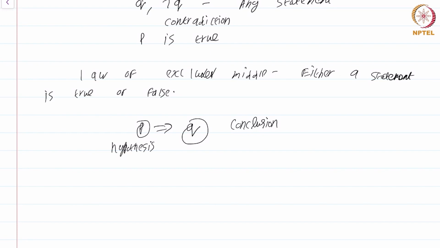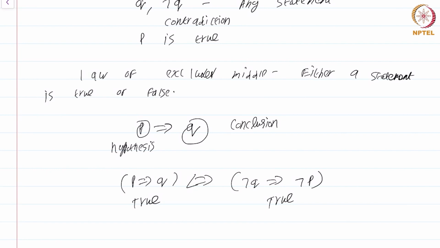Now note that, or rather check that, P implies Q is equivalent to negation Q implies negation P. What do I mean by equivalent to? I mean that both truth tables are exactly the same. The truth table of P implies Q and the truth table of negation Q implies negation P are exactly the same. So if you could show that negation Q implies negation P is true, then so is this statement.